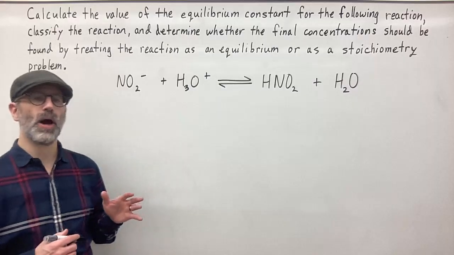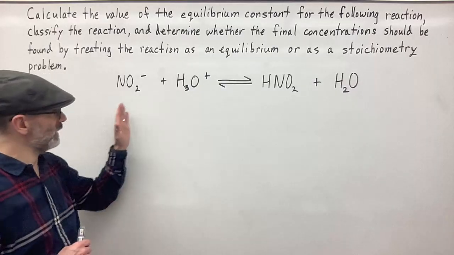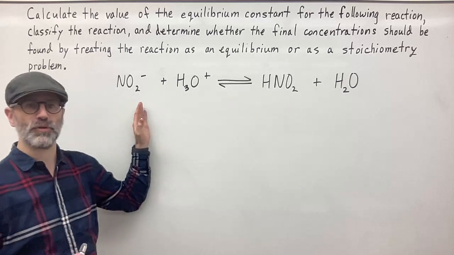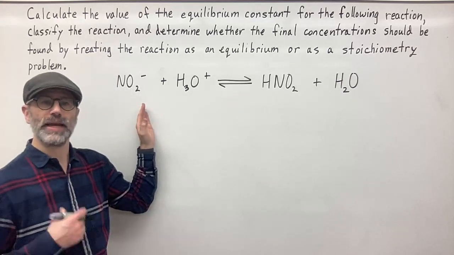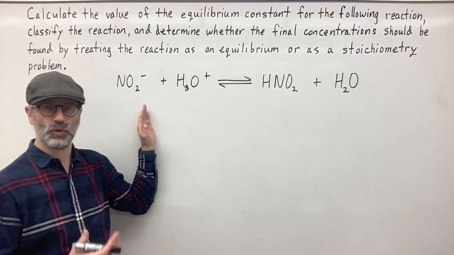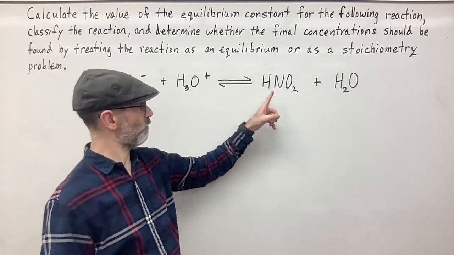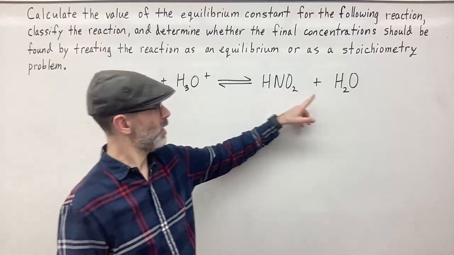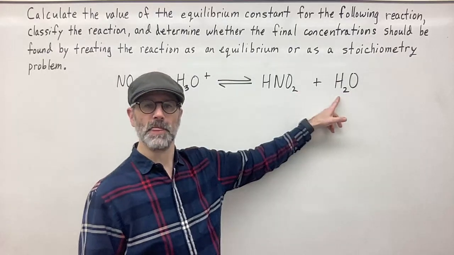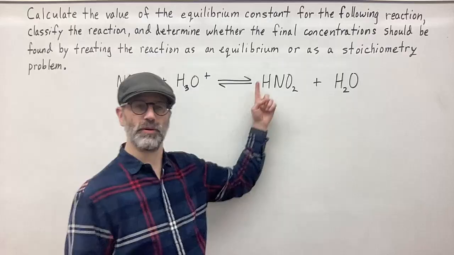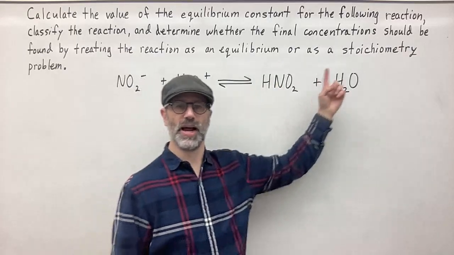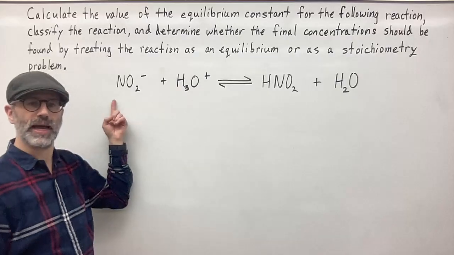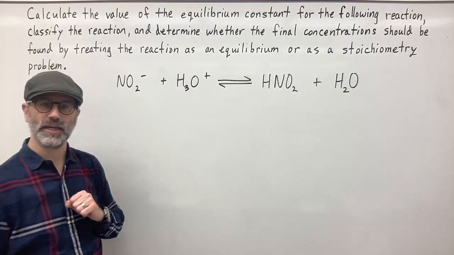So the first thing you want to do is notice that the reaction here is actually the reverse of a reaction of a weak acid with water. Notice that we have a weak acid, the nitrous acid, and water as products. So if we were to go this way, we would have the weak acid reacting with water to produce the hydronium ion and the nitrite ion.